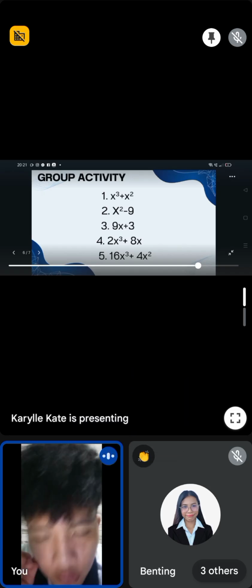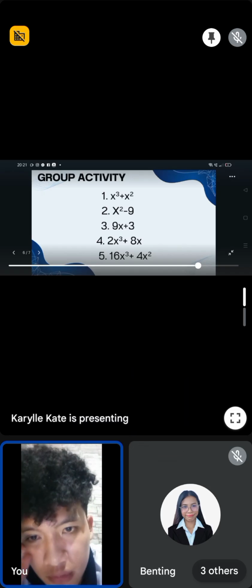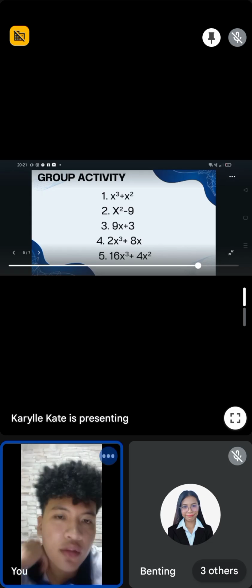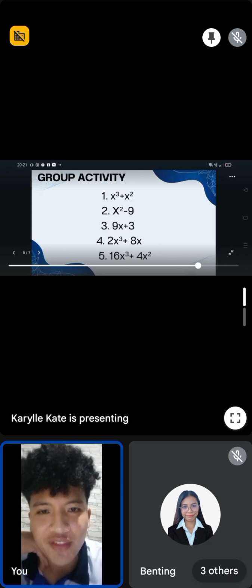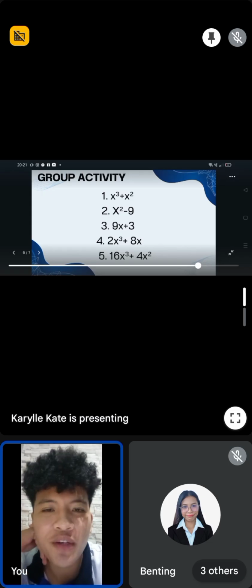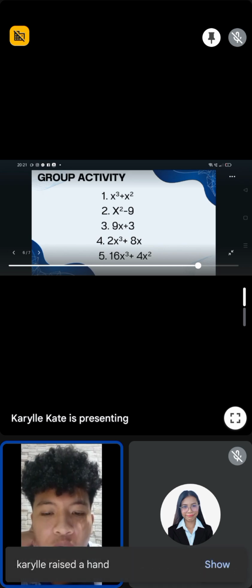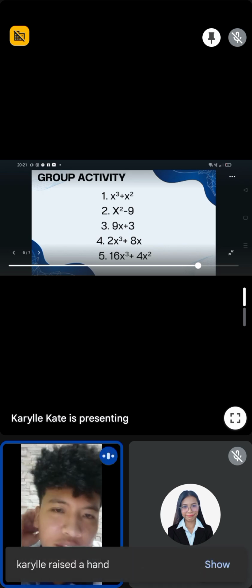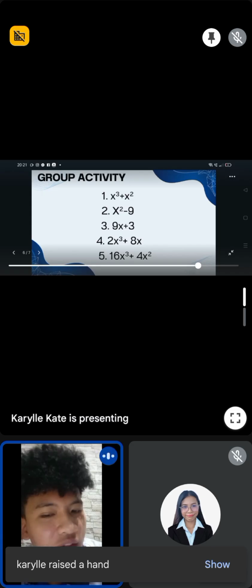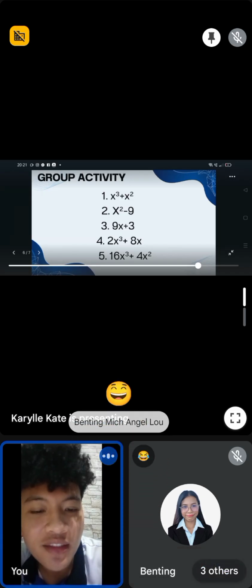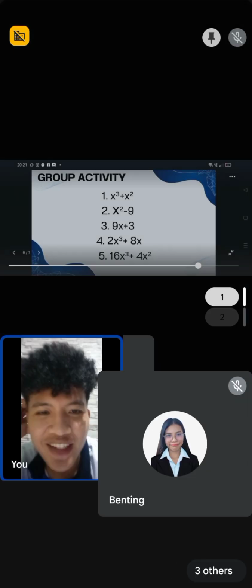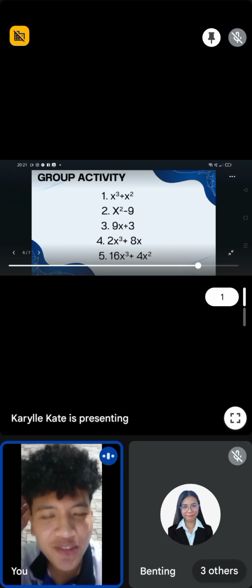I hope the group of Miss Ayuban will bawi. So number 2, x squared minus 9. So wait, I'm just gonna count to 3. Then you're gonna raise your hand. Okay, 1, 2, 3.